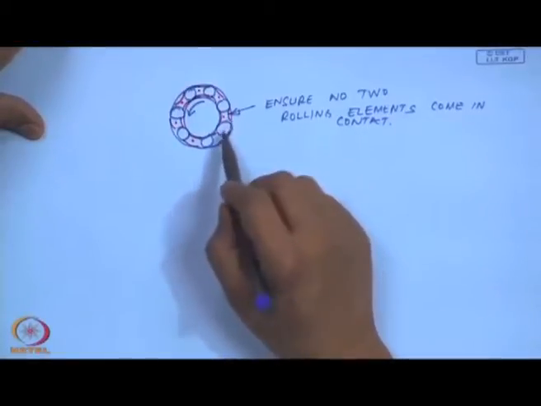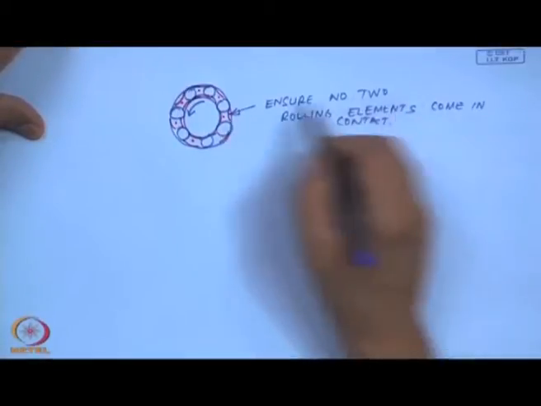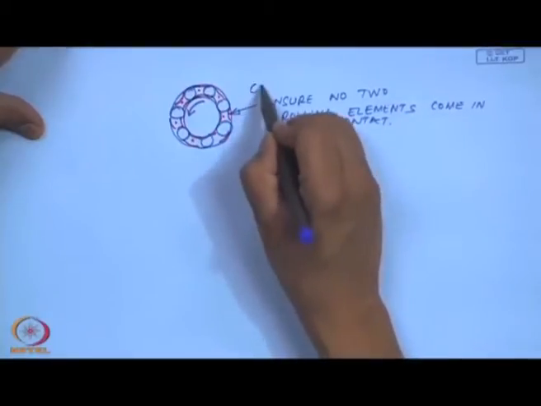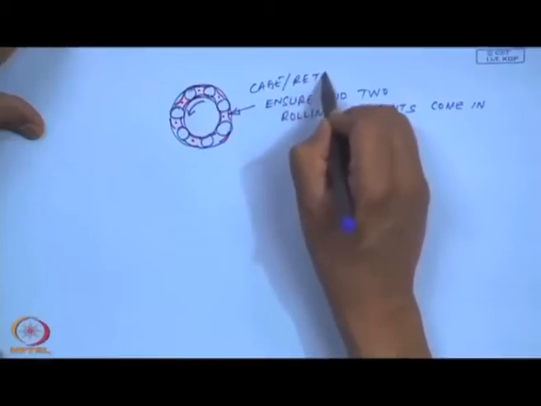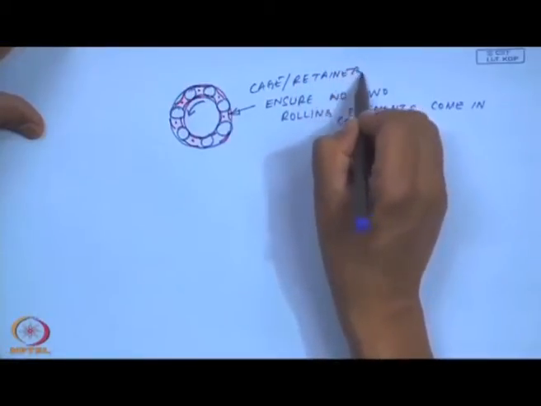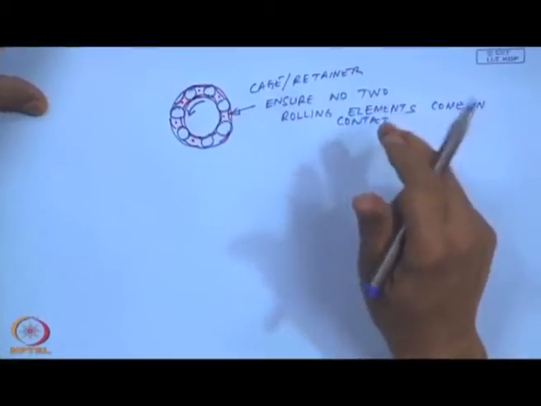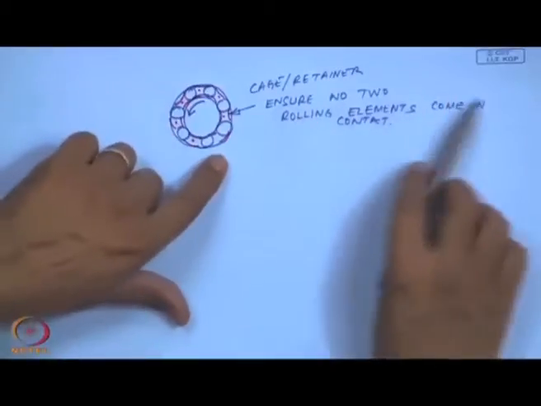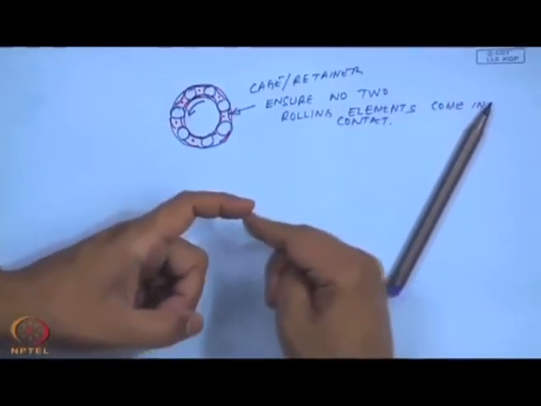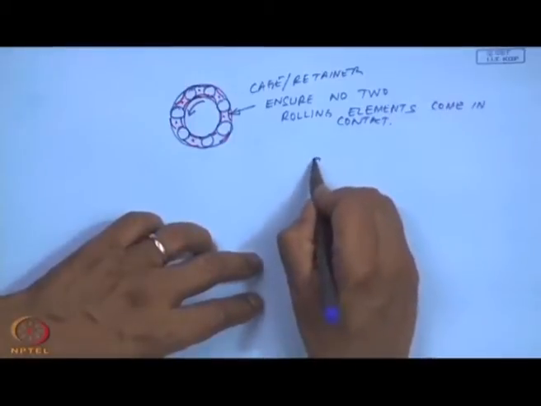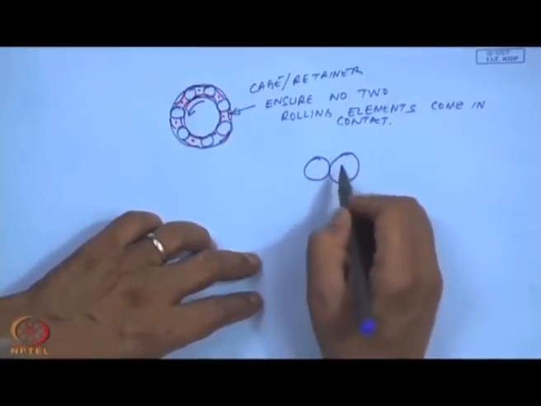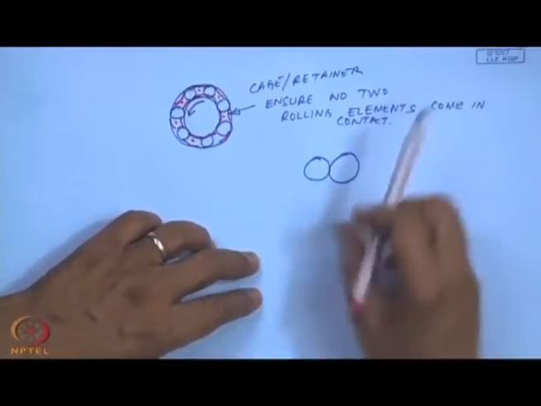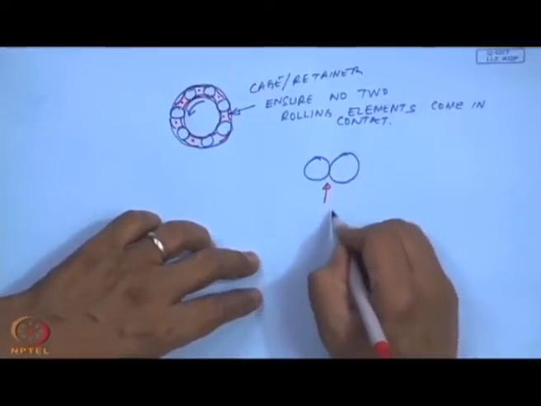If this cage or retainer was not present, what would happen is these two rolling elements would come in contact with each other, and if there are two balls spinning at high speeds and coming in contact with each other, there will be a lot of wear.